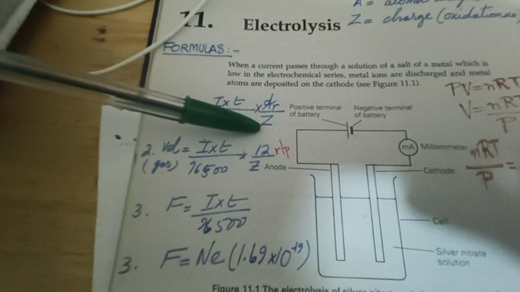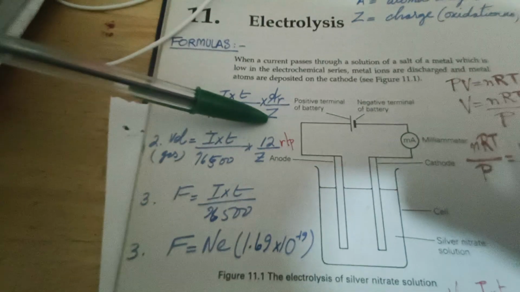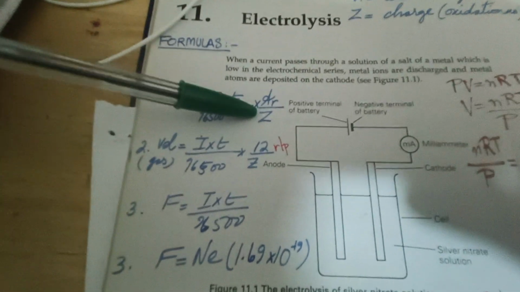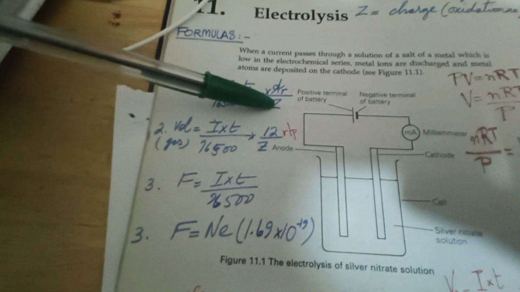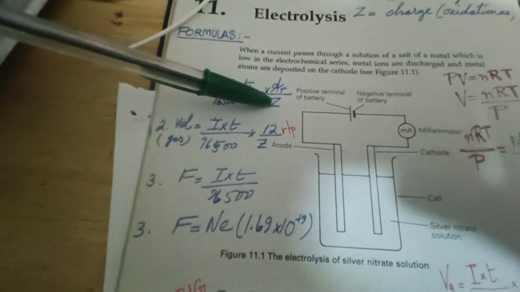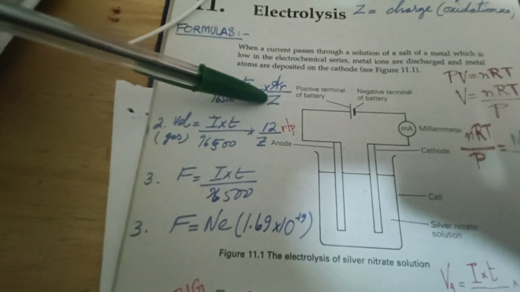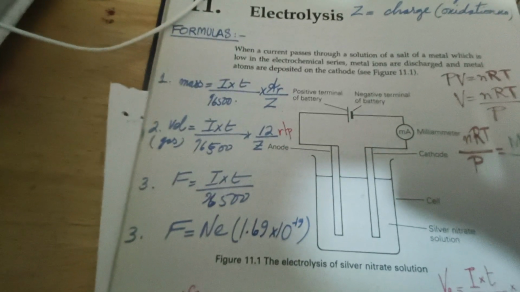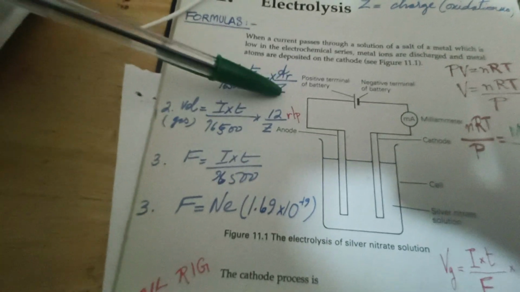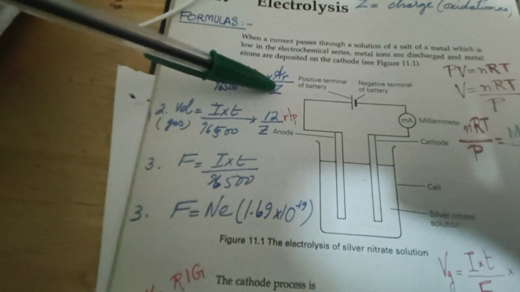For silver, it'll be 1, gold, it'll be 2, copper 1 or 2, and carbon, it would be minus 4, and then platinum, it would be also plus 2, plus 1 and so on and so forth. You have to make sure you put the correct valency.